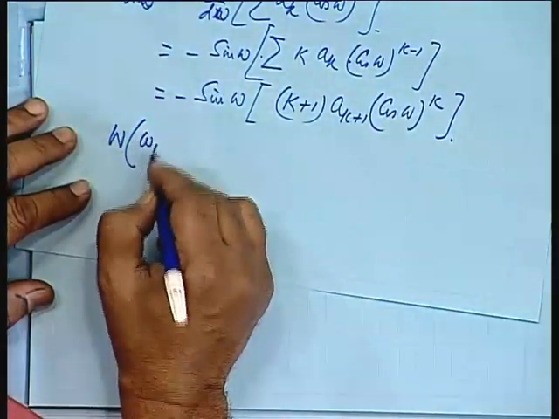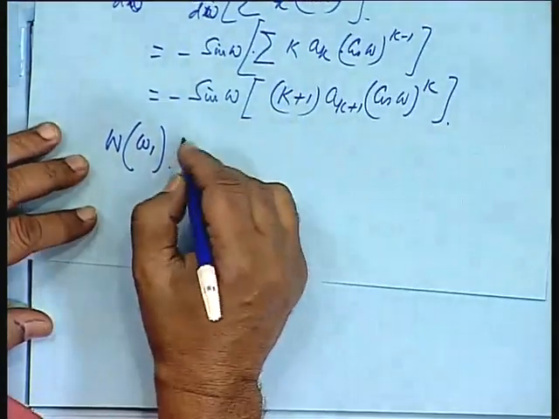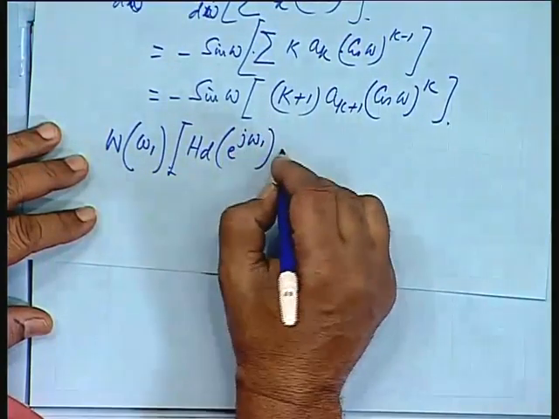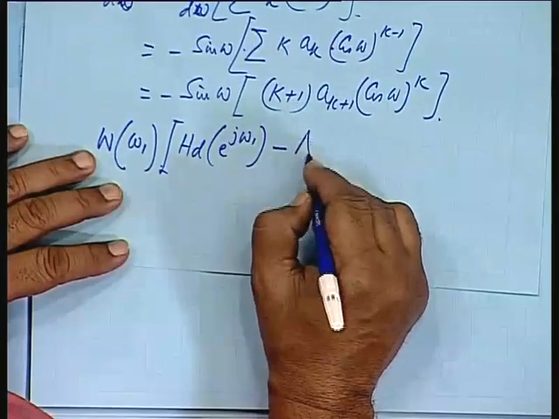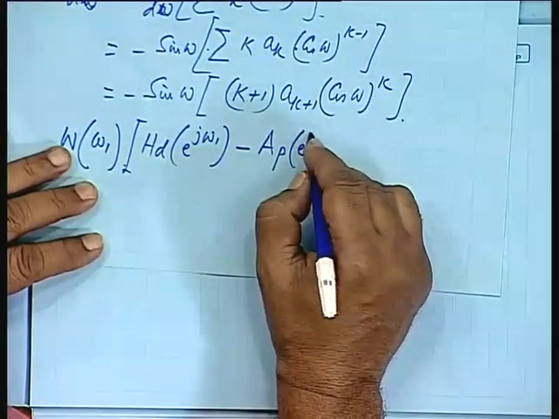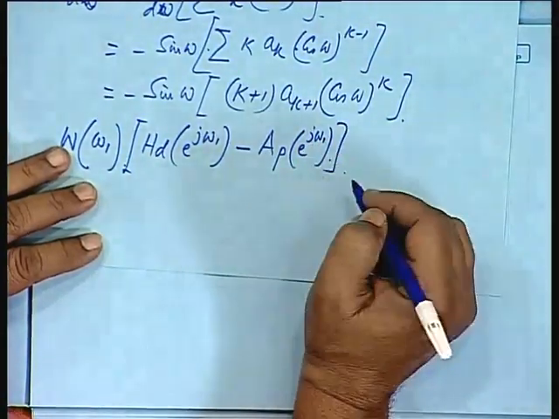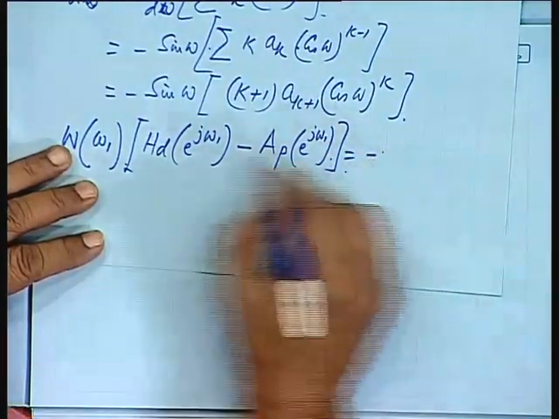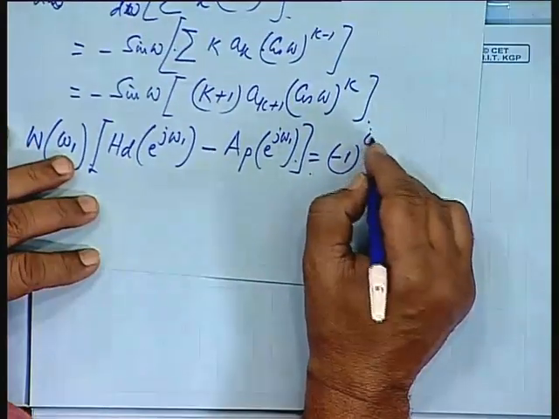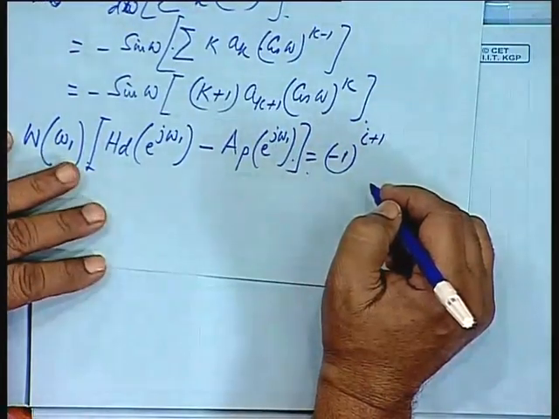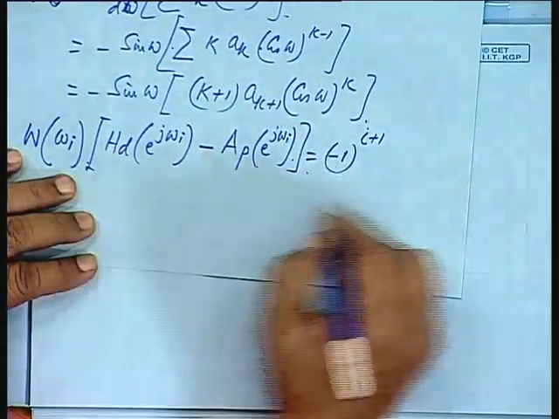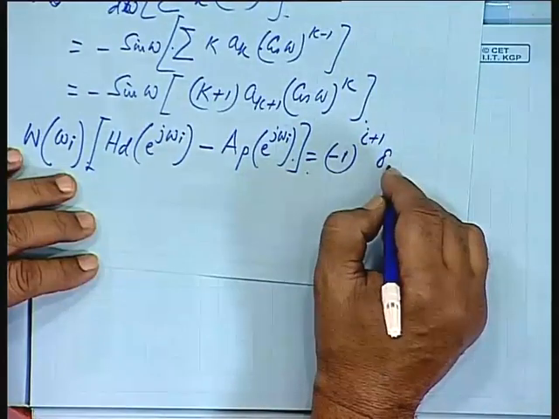Let us take any frequency omega 1: H desired minus that function A_p, which we call the amplitude function, at omega 1, equals the error function, which should be minus 1 to the power i plus 1 delta.